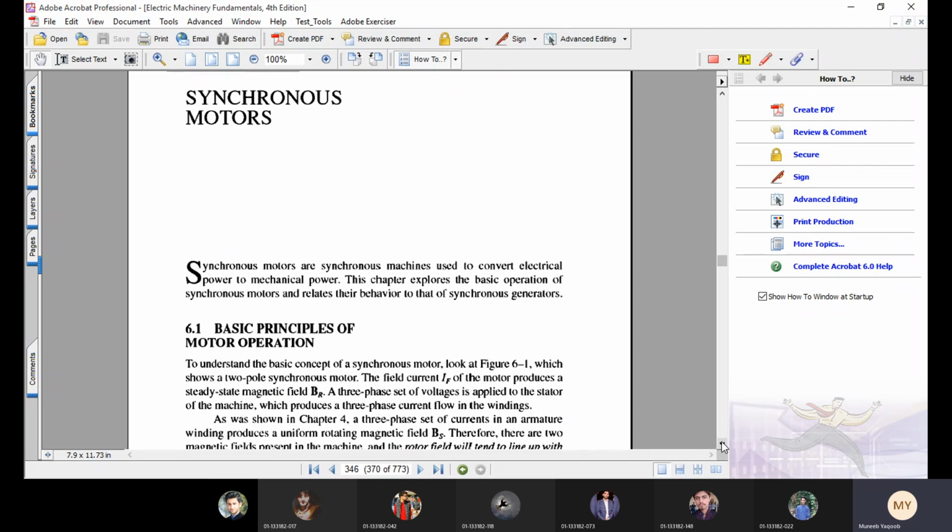Later on we can convert this speed into radian per second by multiplying the revolution per minute with 2 pi by 60.